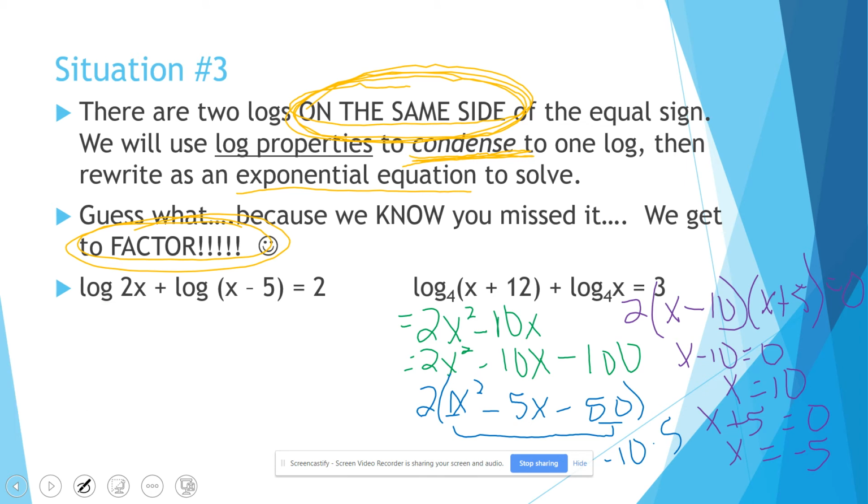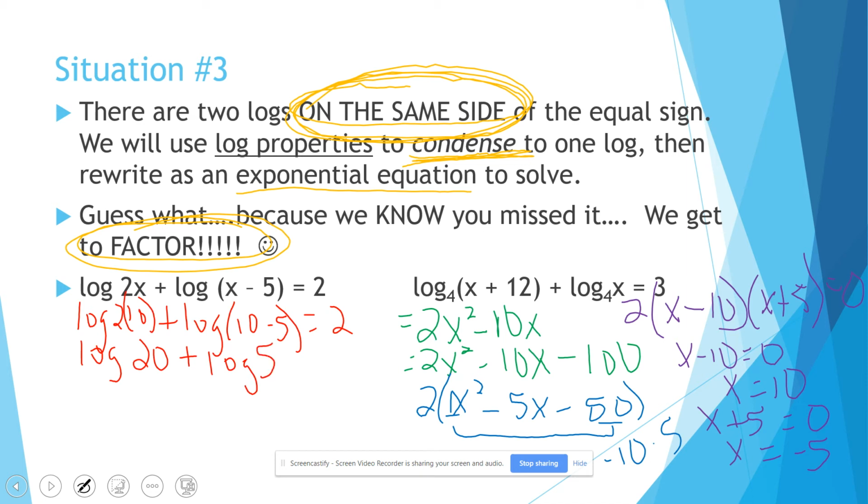I'm going to start with the positive 10. We have log of 2 times 10 plus log of 10 minus 5 is equal to 2. And remember, our first concern is that I don't end up with a log of a negative number. So that's log of 20 plus log of 5 is equal to 2.